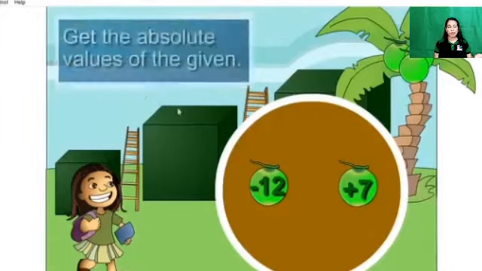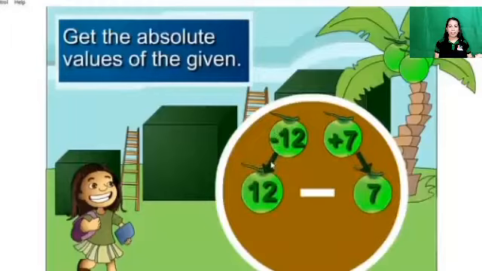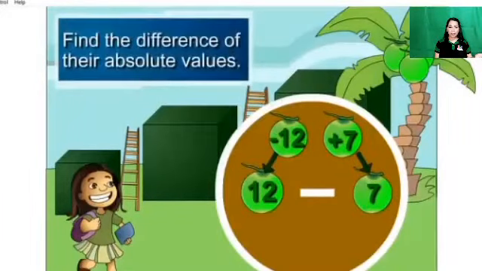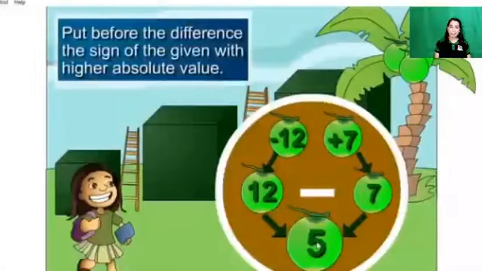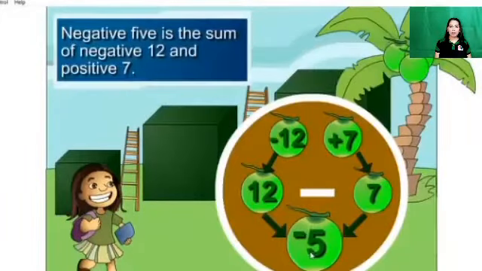Get the absolute values of the given. Find the difference of their absolute values. Then take the sign of the given with the higher absolute value. So the answer is negative 5, the sum of negative 12 and positive 7, because negative 12 is the greater value.